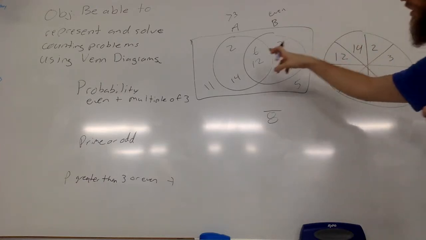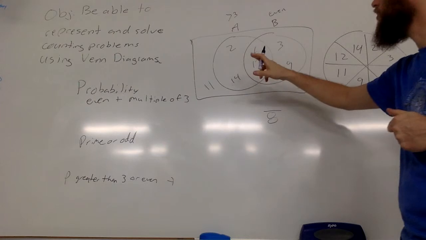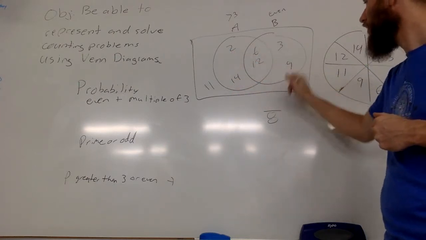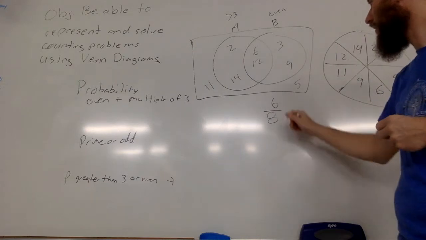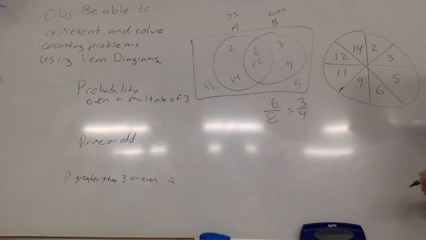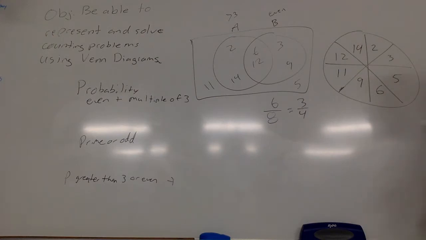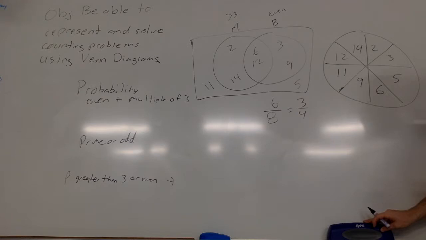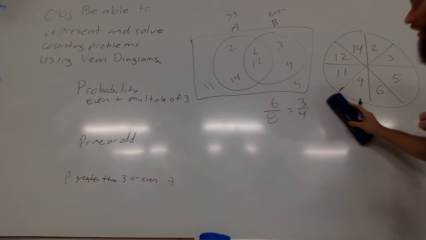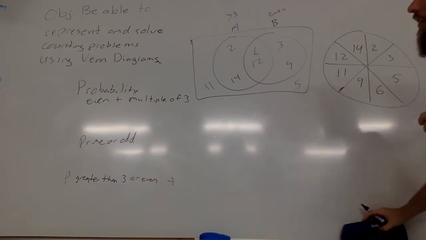And so the probability that it's even or a multiple of 3, well, that's 1, 2, 3, 4, 5, 6. There's a 6 out of 8 probability, or 3/4, that a number on this wheel is going to be a multiple of 3 or, you know what? I said even originally, didn't I? It's an even and a multiple of 3. Let's redo that.